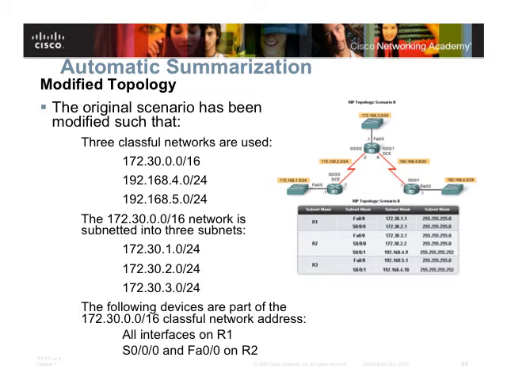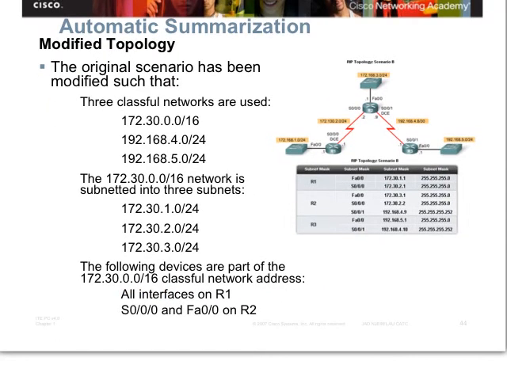Now you have to use a subnet mask with more ones. We have to, right? So here we subdivide this into 3 subnets with subnet mask /24. So these subnets are part of this classful network address.